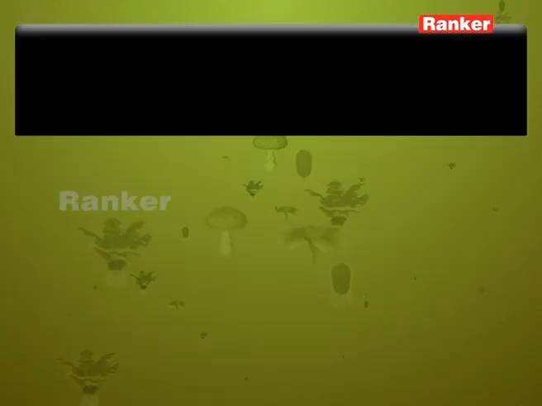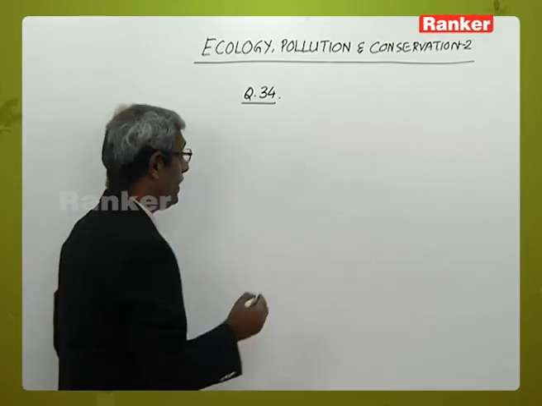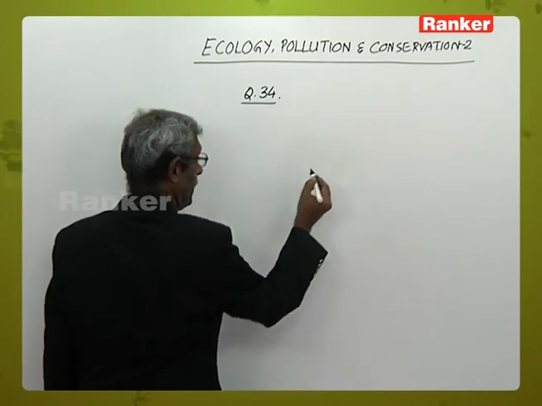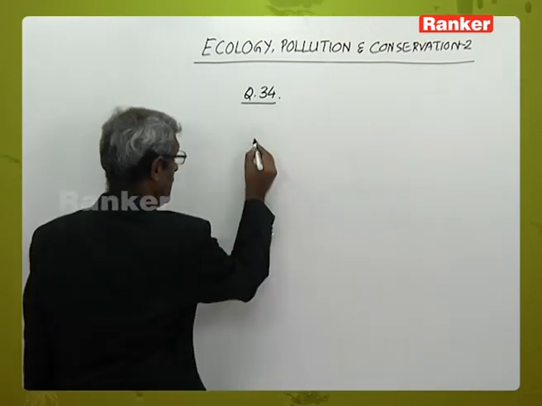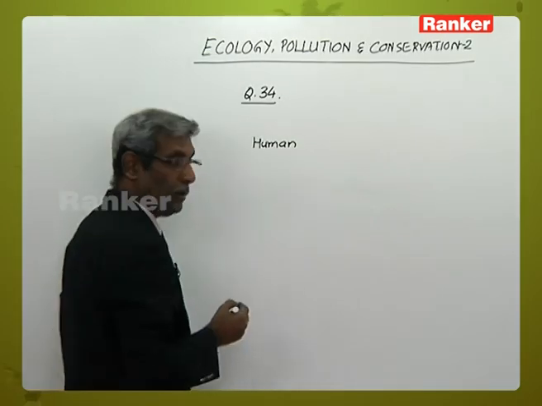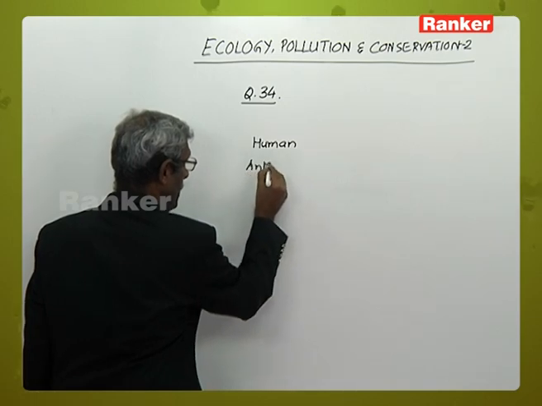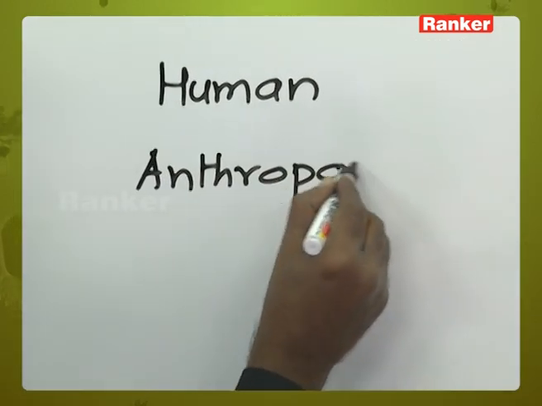Question number 34. Loss of forests, urbanization, increasing pollution are due to A. Global warming, B. Greenhouse effect, C. Population explosion, D. Ozone depletion. Whenever we look in terms of changes, that is always changes are because of humans, and human involved changes are termed as anthropogenic changes.